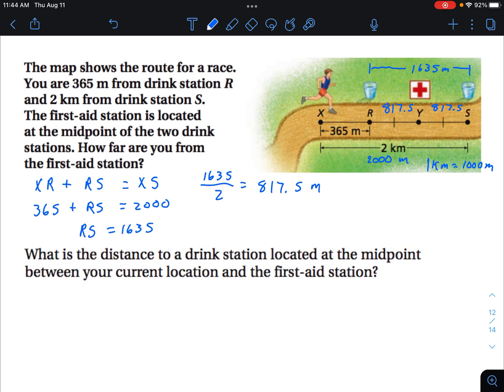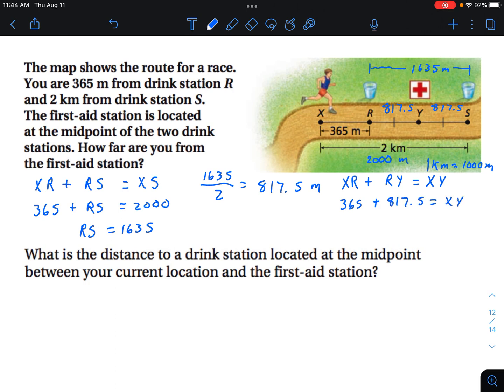So now to finish the question, how far are you from the first aid station? Another segment addition problem, XR plus RY, that's the distance X to Y, which is how far we are away from the first aid station. XR, remember, was 365. We know now that RY is 817.5.